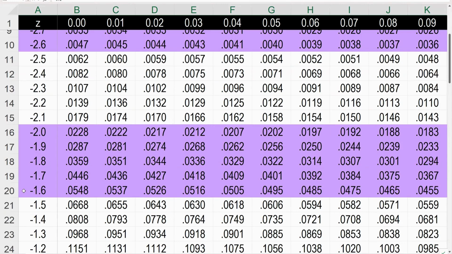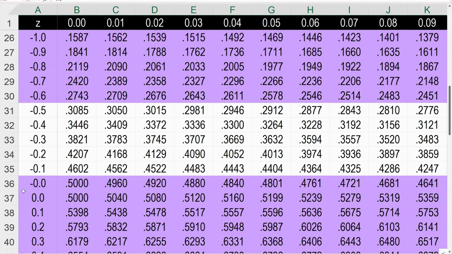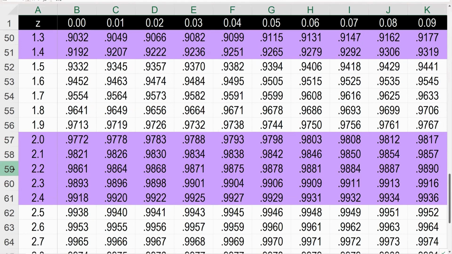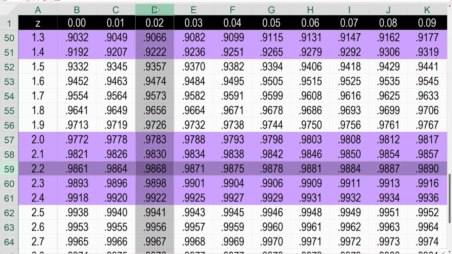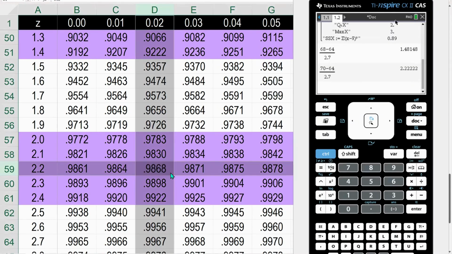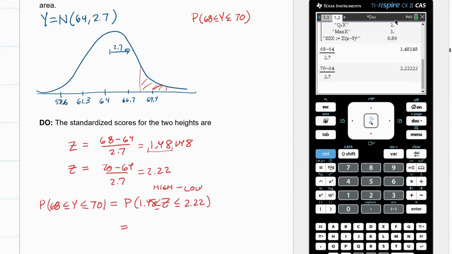And I happen to have a z table ready to go for us to look that up. And we'll go to 2.22 on the table. So I can look at 2.2 and then down, and I get 0.9868. And then I'm going to do the same for the 1.48.